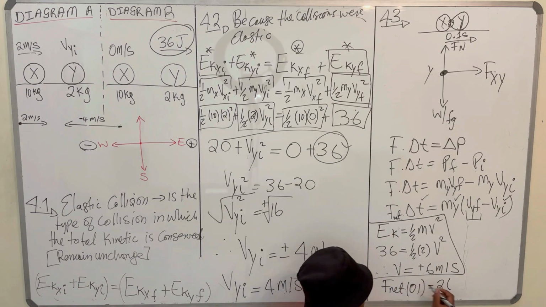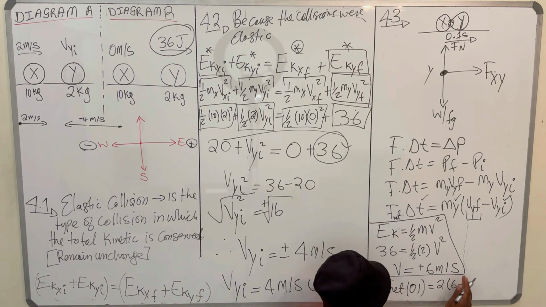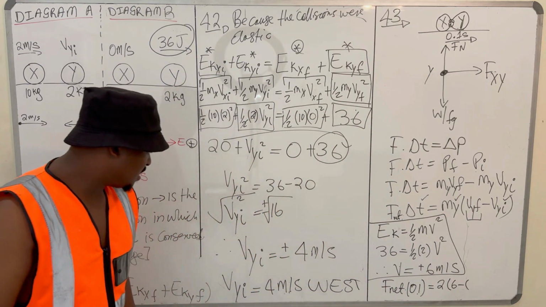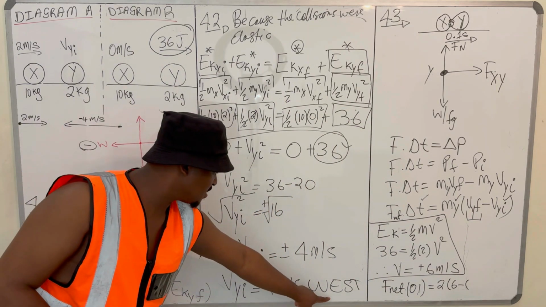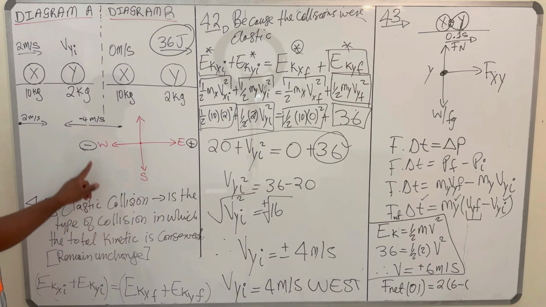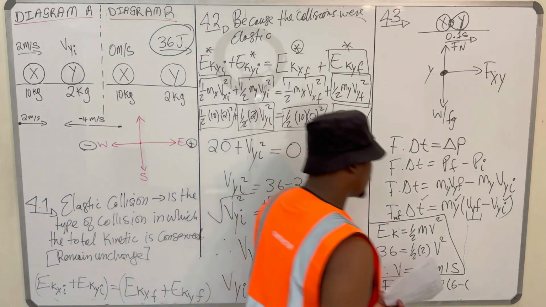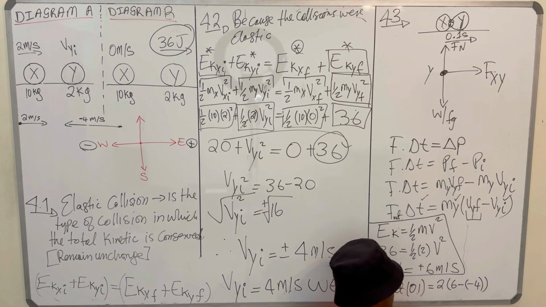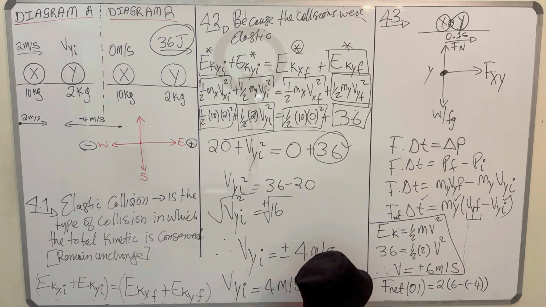The final velocity is positive 6, so it's 6 minus the initial velocity of ball y. What is the initial velocity of ball y? We said it was 4 meters per second west, which means it's going to be negative 4, because it's going westwards. So it's minus 4 meters per second. Then we are going to solve this equation.